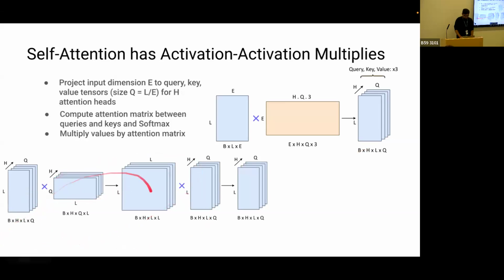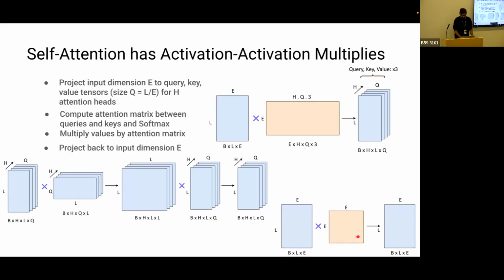And then there's a self-attention operation. I'm not going to spend too much time here. I left it in the slide so that you can go back and see what's going on. And then you'll have a projection operation. The amazing thing about the self-attention for tensor parallelization is that you typically have multiple heads. That's what H stands for. That's doing the self-attention in parallel, which means if one head was on GPU 1, the second one on GPU 2, it's embarrassingly parallel.